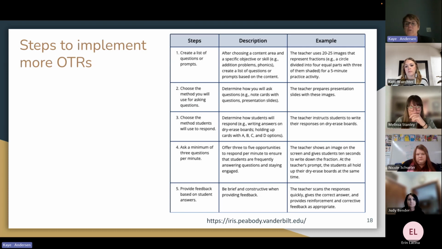What's the method I will use to ask those questions? You could do it with note cards. You could do it with presentation slides. You can do it with whiteboard. You can do it with your active board. You can do it with Kahoot. The bottom line, though, is we just need multiple opportunities for all students to respond, not just one or two of them.